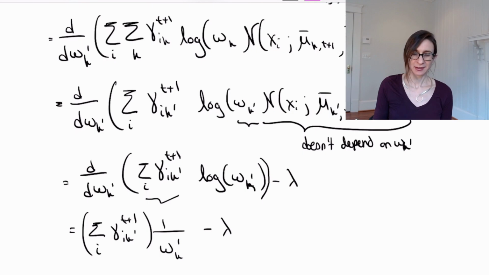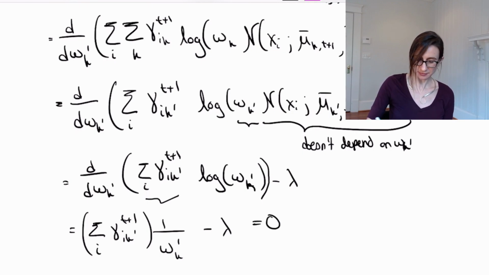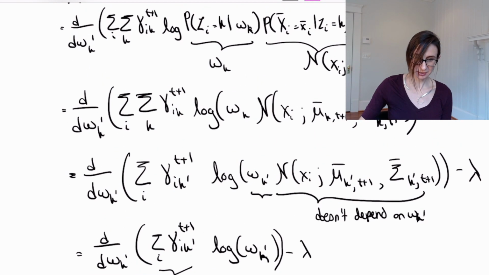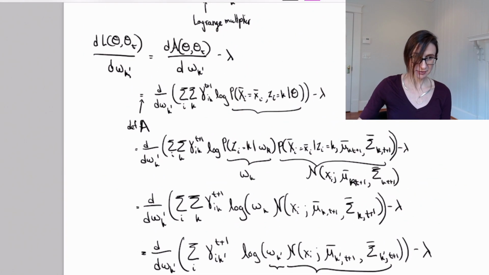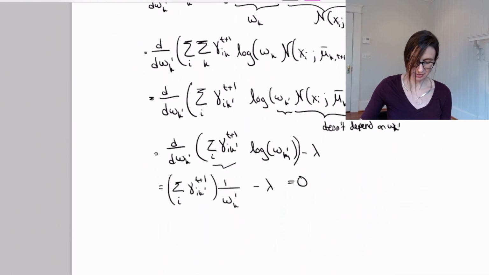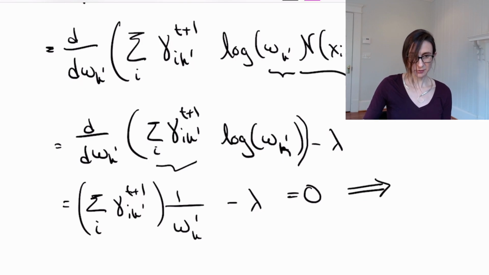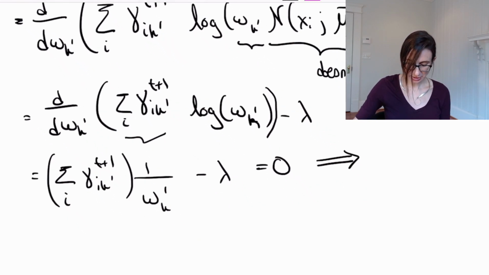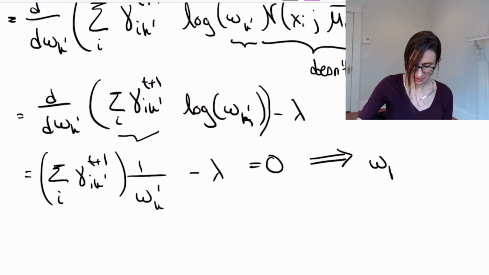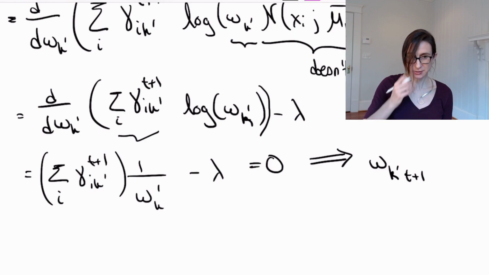Now, setting this equal to 0, because we're taking the derivative of the Lagrangian and setting it equal to 0, what we get is an expression for WK prime at time t plus 1.